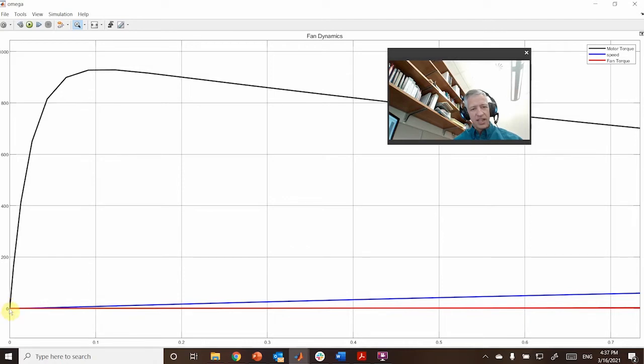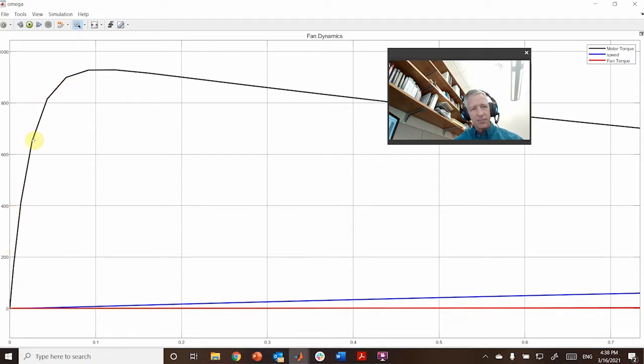Then we see that our motor current is starting to increase, and as our motor current increases, our torque increases. When we're speeding up here, this is the inductance of my motor. The inductance of my motor causes it to start speeding up.